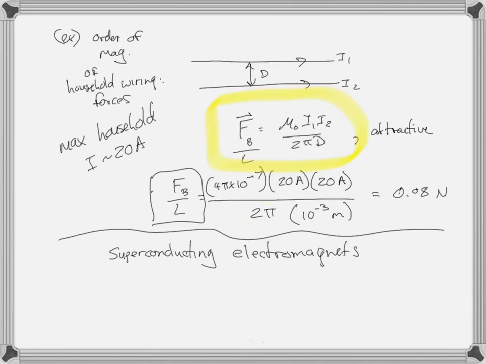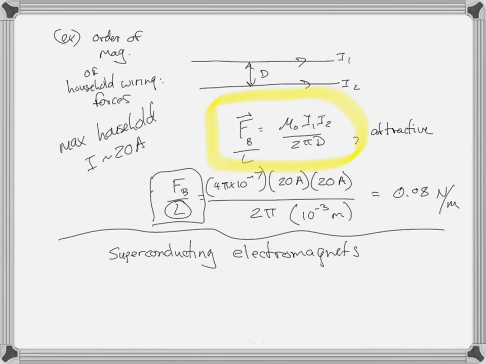Ooh, this is newton per meter, I hope you caught that: 0.08 newtons per meter. So a 3 meter long wire gives 0.24 newtons. A 10 meter long wire is 0.8 newtons.